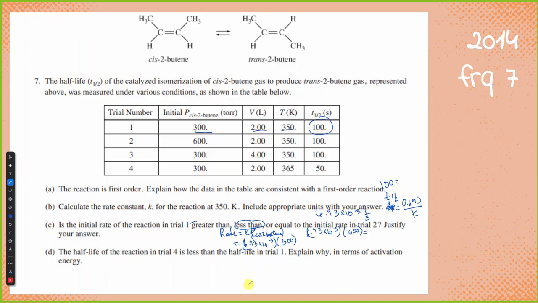The half-life in the reaction in trial 4 is less than the half-life in trial 1. Explain in terms of activation energy. So since the temperature is higher, that means that more of the particles have reached the activation energy barrier and can have effective collisions, therefore speeding up the chemical reaction.